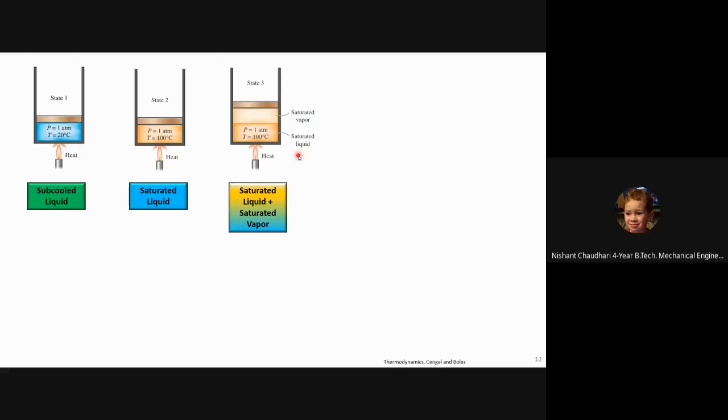Sir, please explain the definition of subcooled liquid once. Subcooled liquid, in simple terms, is liquid which has a temperature lower than the boiling point. The boiling point is 100 degrees Celsius, right? At 20, 40, or 60 degrees Celsius, everywhere it is subcooled liquid. It is far away from the boiling point, that's it.